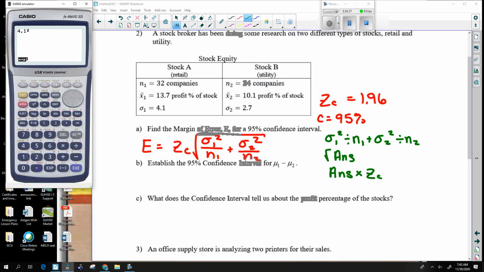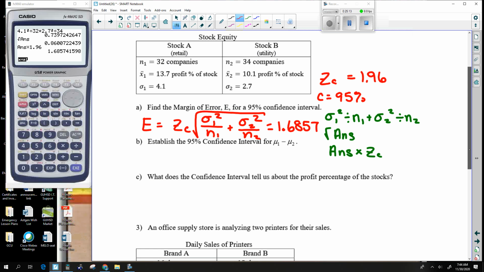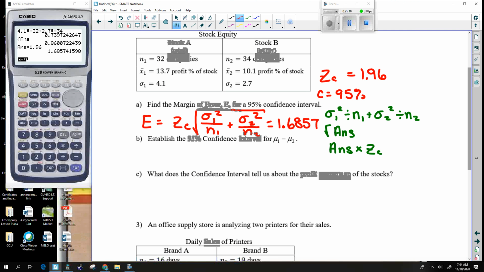Okay, so sigma 1 squared divided by N1 plus sigma 2 squared divided by N2, I square root that, and then I multiply by ZC.